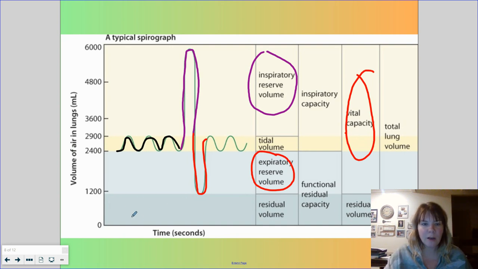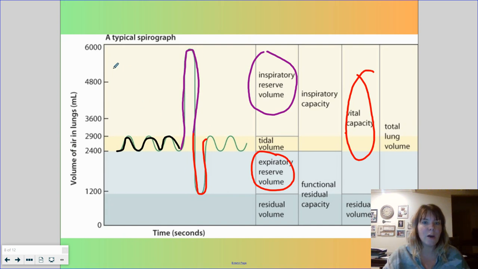Now down here, up to about 1,200 milliliters within the lungs, is that residual volume, that stuff that never ever leaves. So if I'm asking you to figure out the volume of air in your lungs, you're not going to include the residual volume if you're looking at a graph. You're going to go from about here up, because this is where your final exhalation is and your top inhalation. So when you're trying to figure out your vital capacity, you want to go from the top to here.